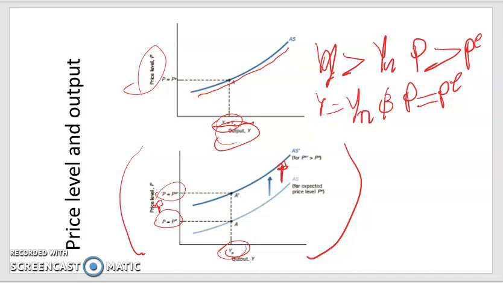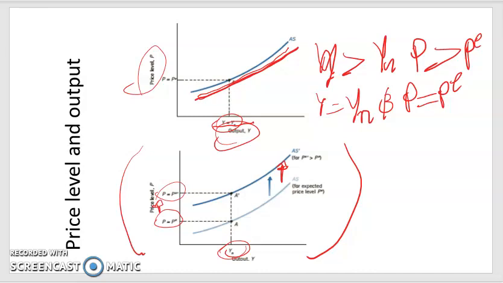Okay, so starting from the wage determination and the price determination in the labor market, we have derived the aggregate supply relation. The relation implies that for a given expected price level, the price level is an increasing function of the level of output. It is represented by the upward sloping aggregate supply curve.